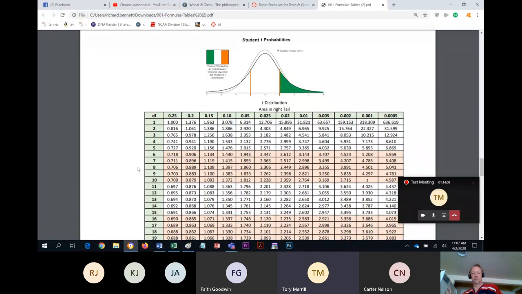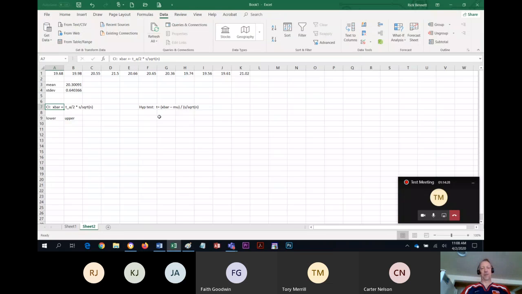Do we have to find t first by doing x bar minus mu? You don't have to do that first. That's good to know, but that doesn't help the chart.